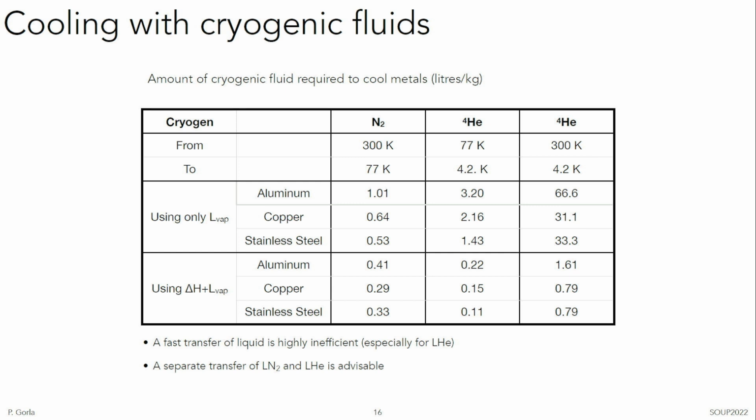And as you see, using just helium is very inconvenient because you burn a lot of liquid helium, but using nitrogen to 77 and then helium for the step from 77 to 4.2 is extremely convenient.